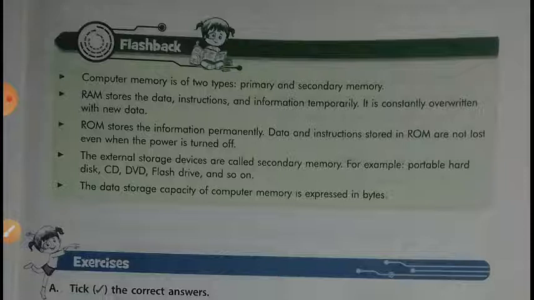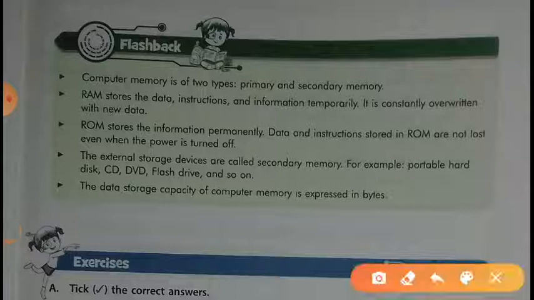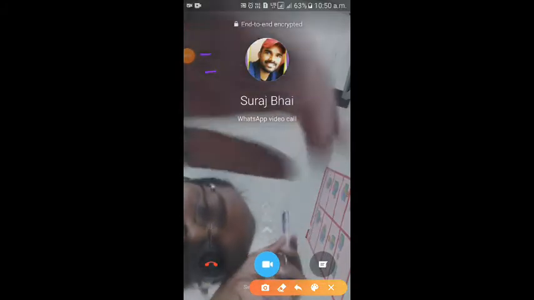Second flashback: RAM stores data, instructions and information temporarily. It is constantly overwritten with new data. And the third flashback: ROM stores the information permanently.